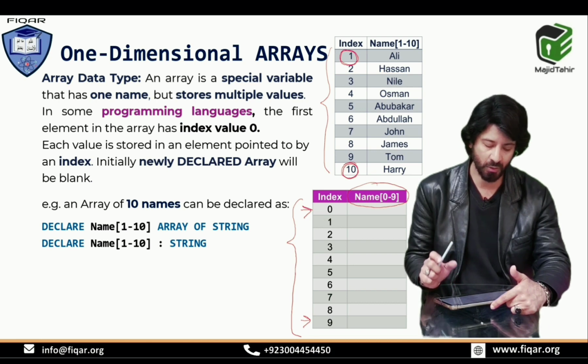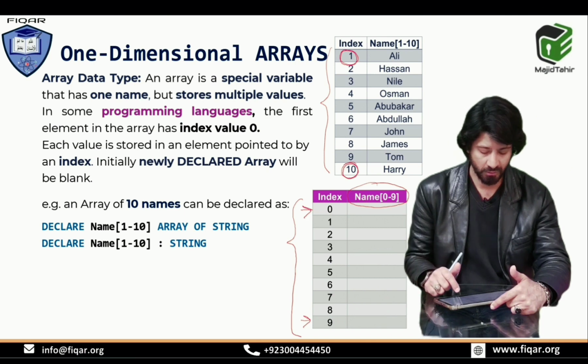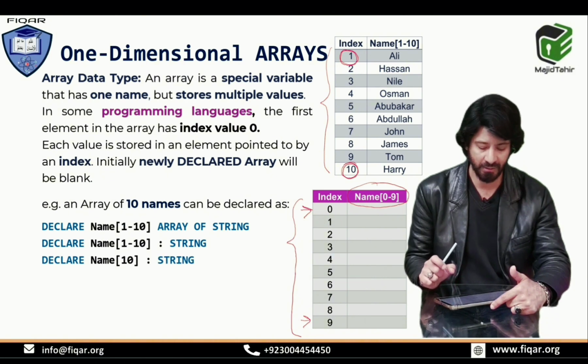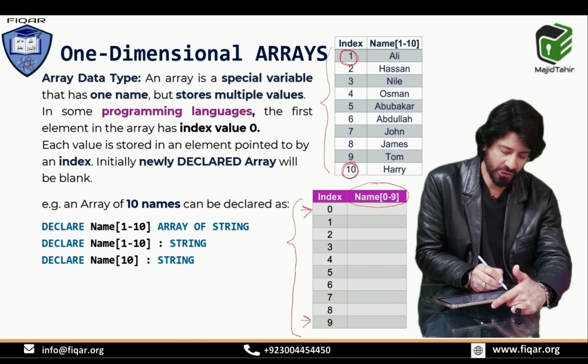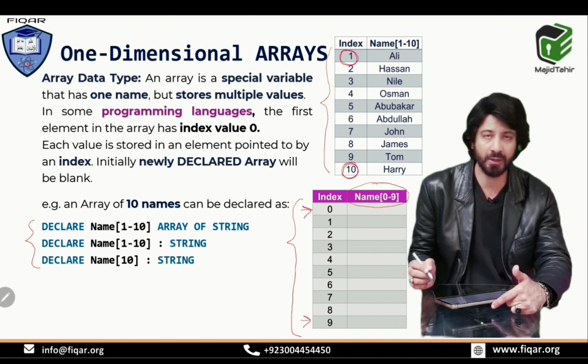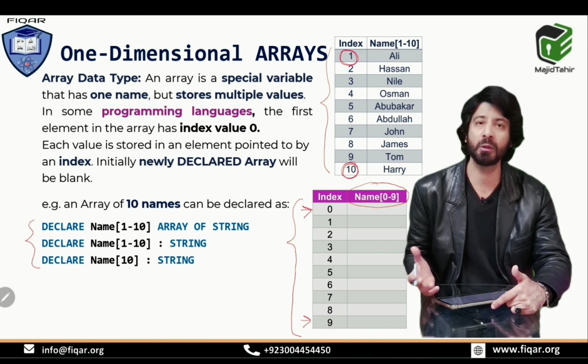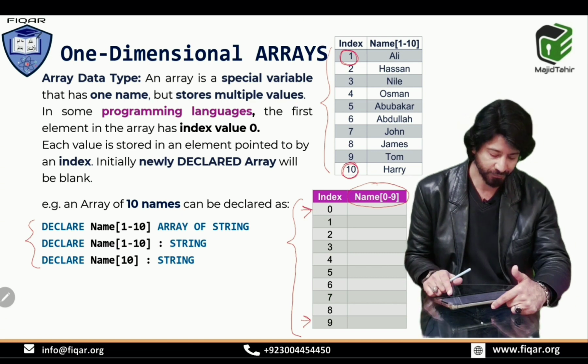Another similar command: you can declare an array as DECLARE Name[1:10] : STRING, or DECLARE Name[1:10] AS STRING, or DECLARE Name[10] : STRING. All these three commands are one and the same thing. You can write any one of them to declare an array.